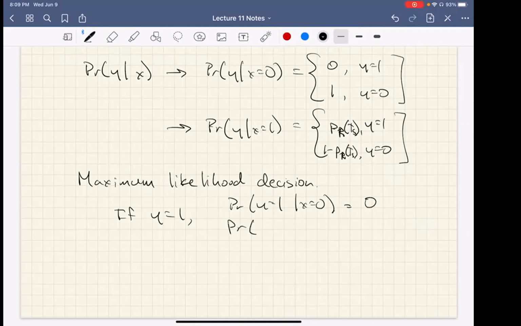And the probability that y equals 1 given x equals 1 is P_R(T_S), which presumably will be greater than 0.